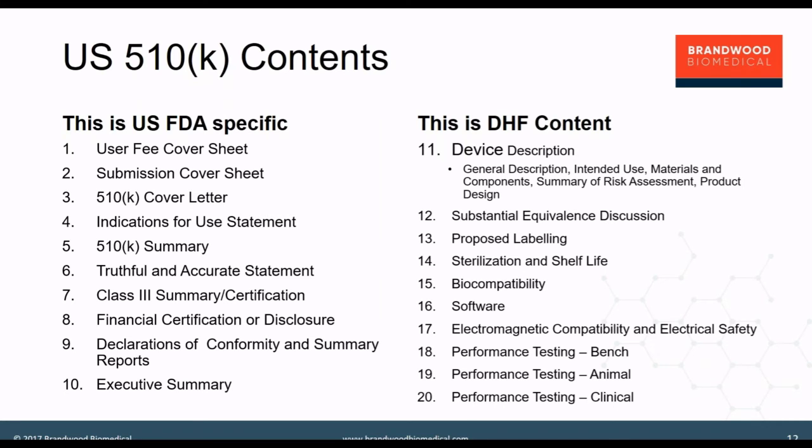This is somewhat specific to the 510K, item number 12 here, and that's a substantial equivalence discussion. So as part of the 510K process, a substantial equivalence demonstration has to be included. If your design process has been planned adequately and all your regulatory inputs have been determined upfront of your design and development process, that substantial equivalence demonstration should have occurred naturally as part of that process, and there should be limited modifications or amendments to be made at the time of the 510K preparation.